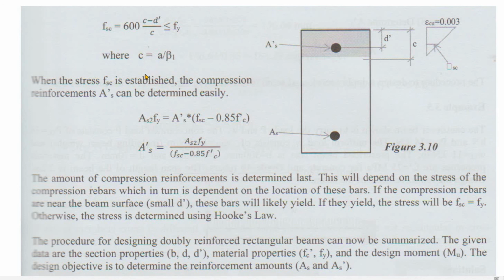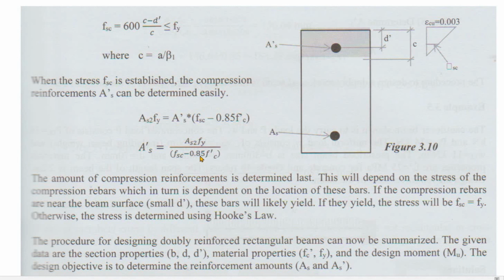When the stress FSC is established, the compression reinforcement A prime S can be determined easily. So AS2 Fy is equal to A prime S times the quantity (FSC minus 0.85 f'c). And your A prime S corresponds to AS2 Fy all over (FSC minus 0.85 f'c).